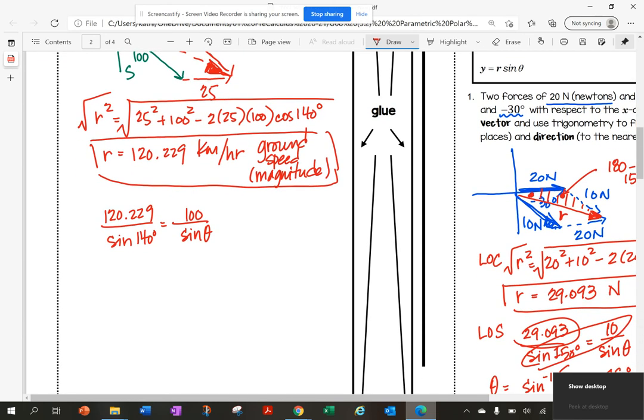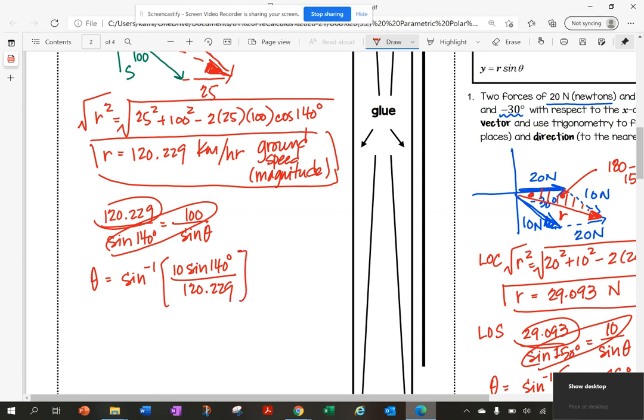I'm looking for an angle, so that's going to be sine inverse of 100 times the sine of 140 degrees divided by 120.229. So I get the angle is 32.319 degrees. Okay, now the question is specifically asking me for the course.